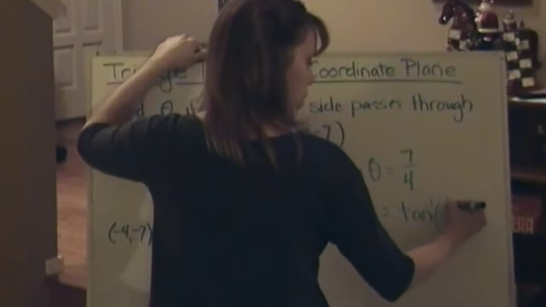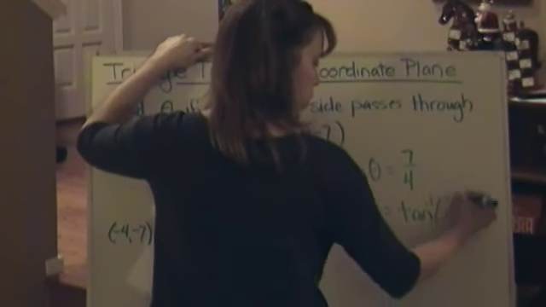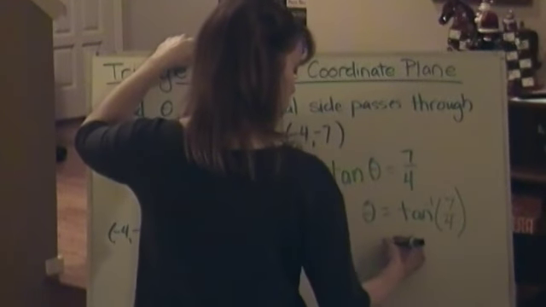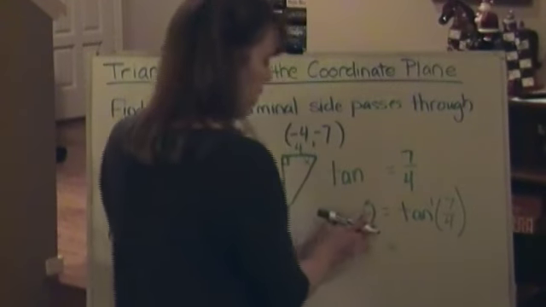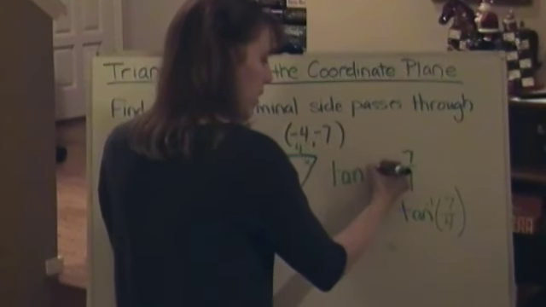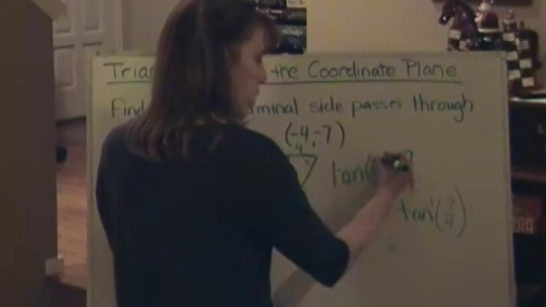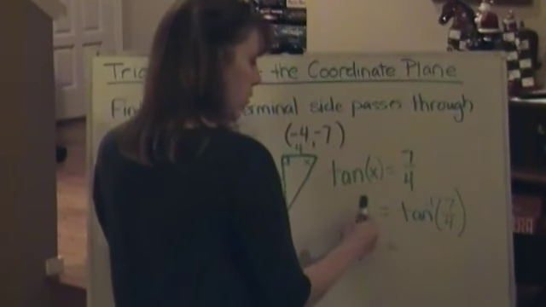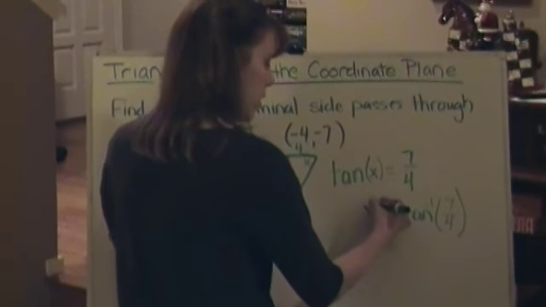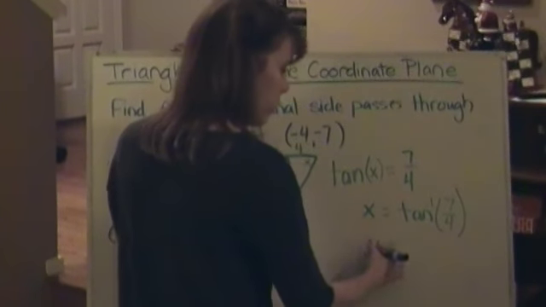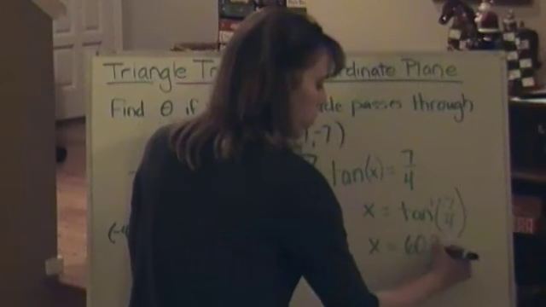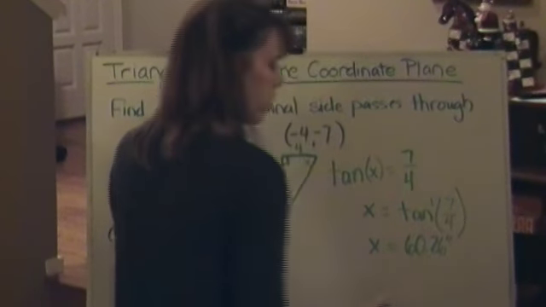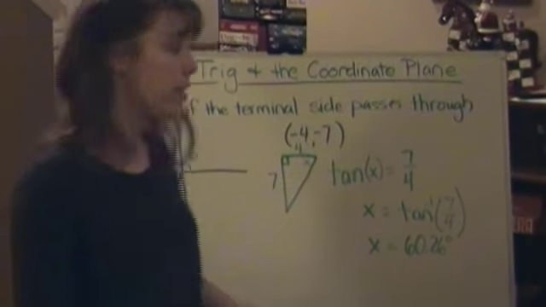Theta is the inverse tangent of 7 over 4. Now I said theta, but I actually meant x. Give me a second. Tangent of x, and x is equal to this, and x is equal to, let's use degrees, 60.26 degrees. Okay, we've got x.